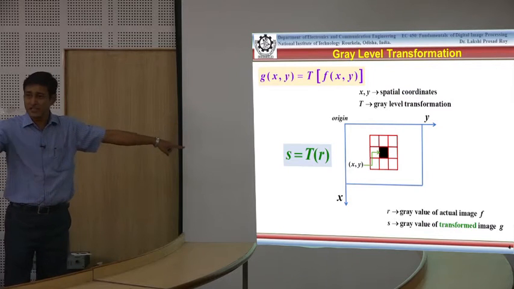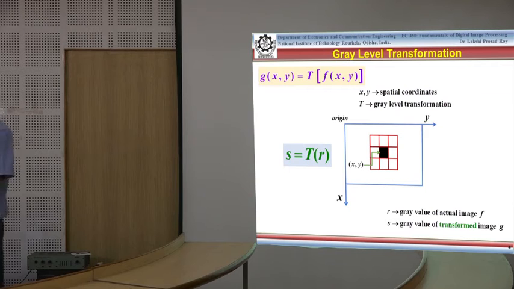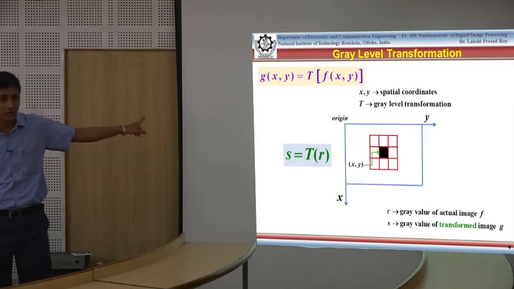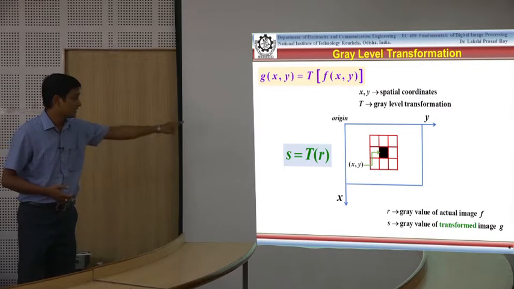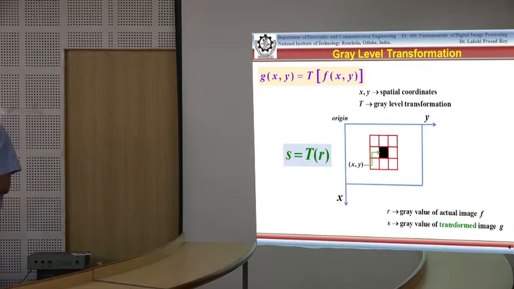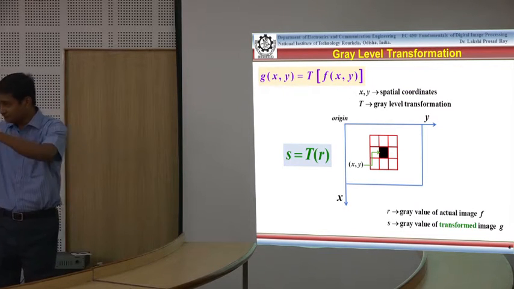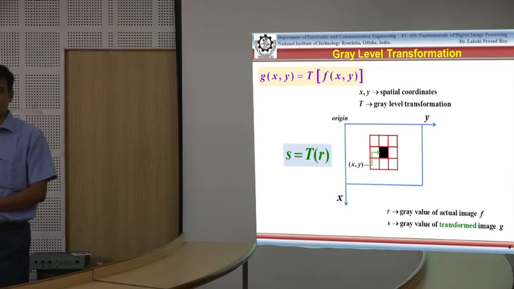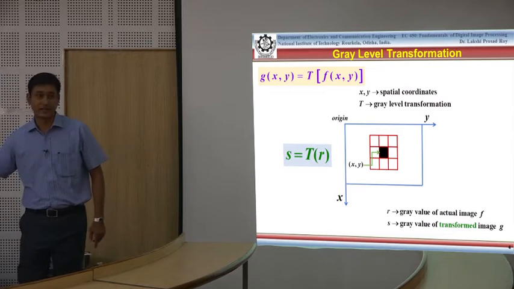Now, that x,y can be anything. So, that window will be moving from one place to another, or if you do not want to consider that window, you still consider a single pixel x,y, for which the intensity value is r, and you are transforming it to s through T. This is about the definition of the terminologies which will be used, but the fundamental thing is that capital T is to be understood carefully.